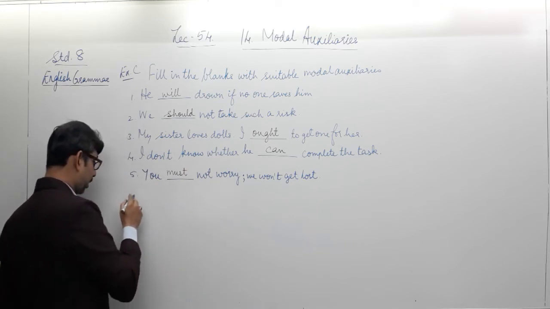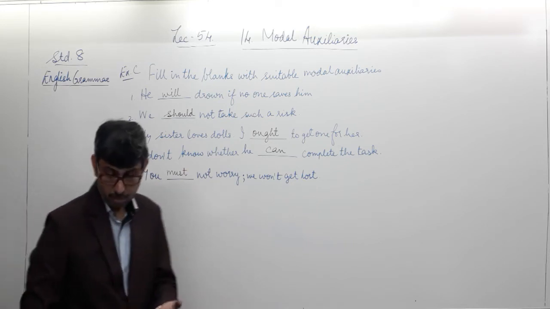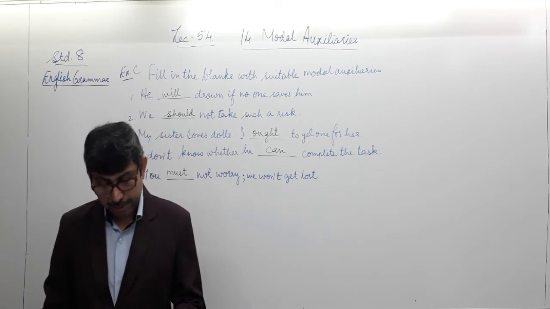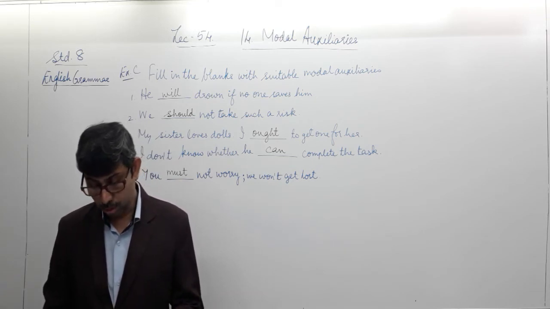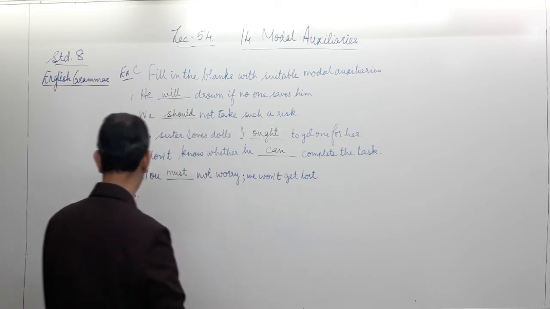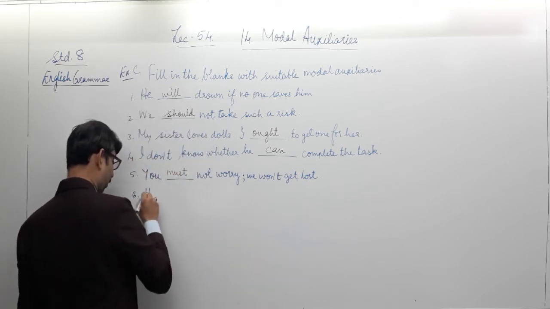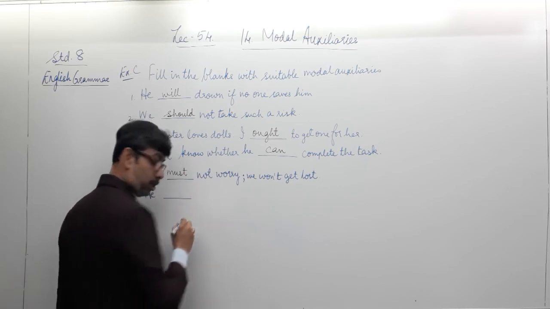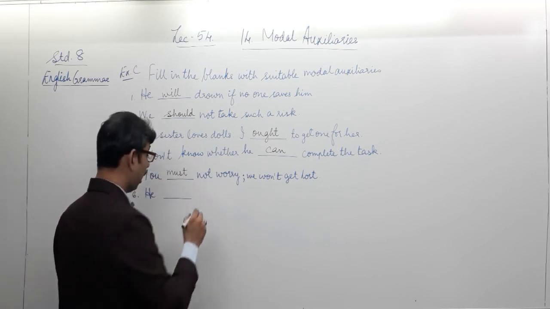The next one, number 6. He dash has gone to the conference, or he would have been in the office by now. Let's write a long sentence. He dash have gone.